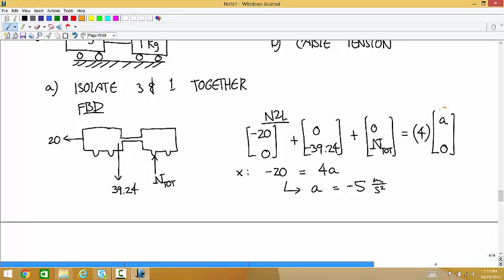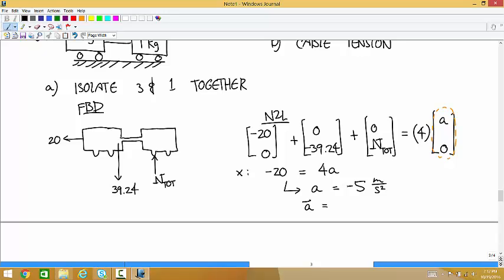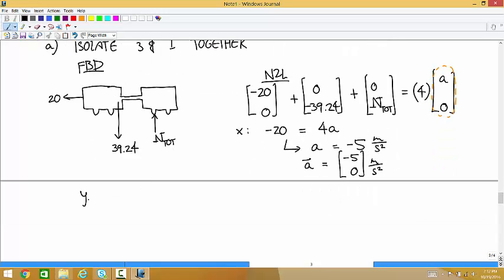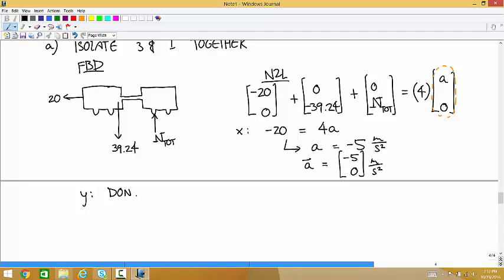And then if you plug that into this vector to get the total acceleration, the acceleration vector is negative 5, 0. There's the y equation too, but we don't care. That doesn't give us anything that we're asked for.